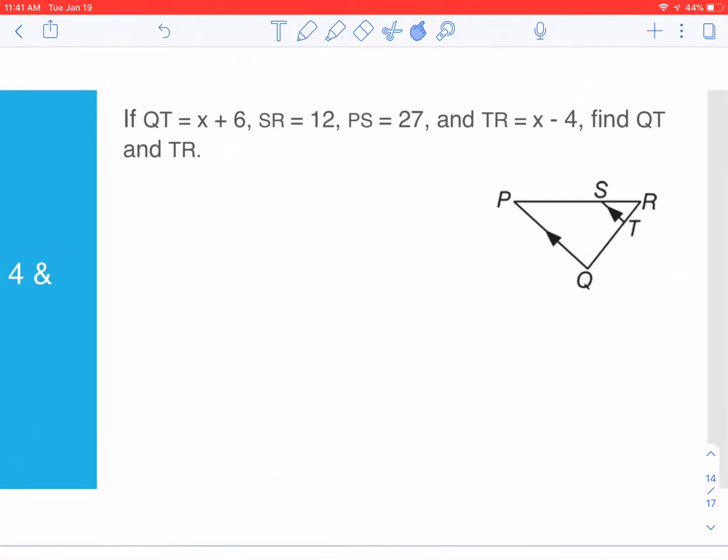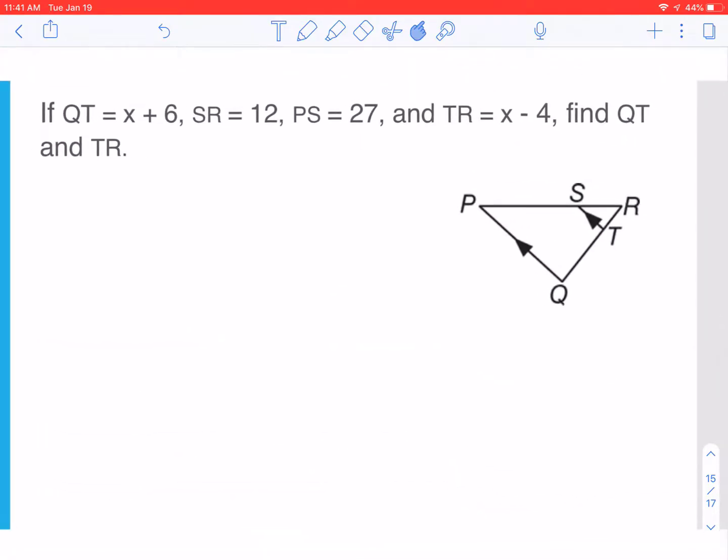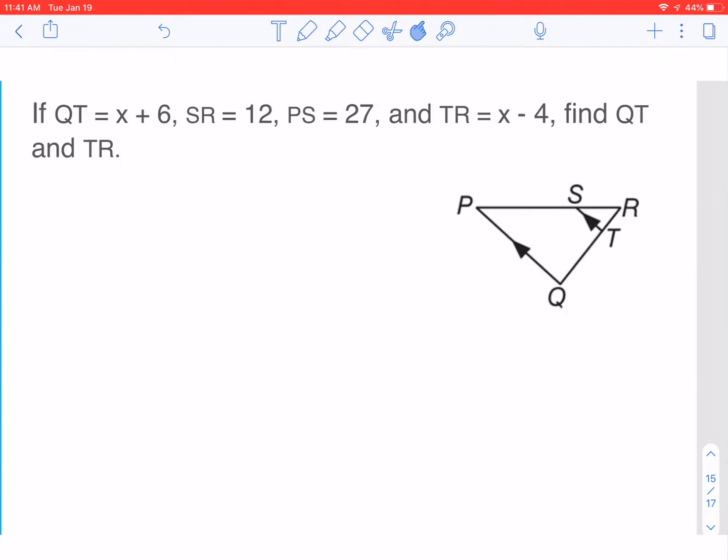Okay, so here we have an example. It's pretty much similar to what we did before. Got a little more challenging numbers here. X plus 6, SR is 12, PS is 27, and TR is x minus 4.